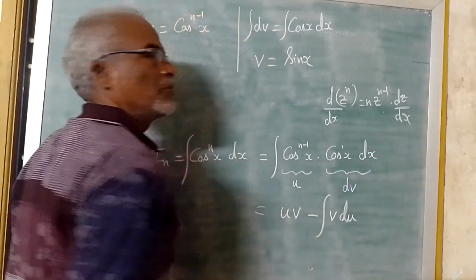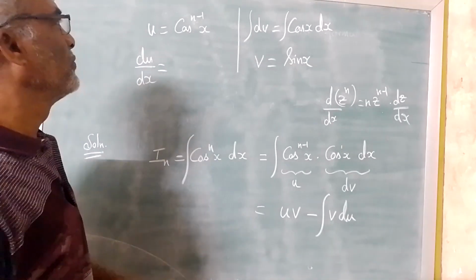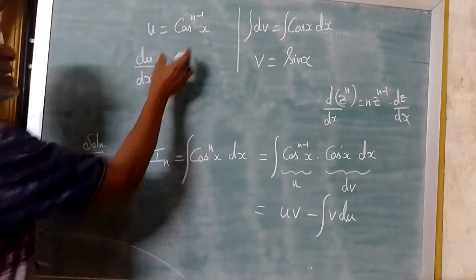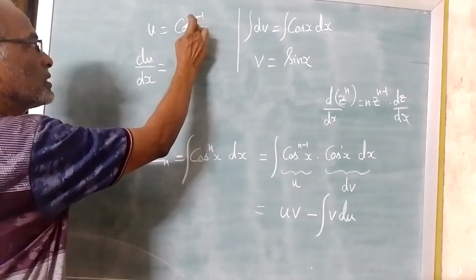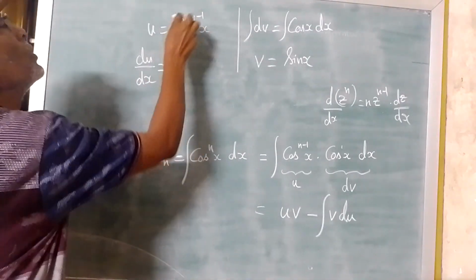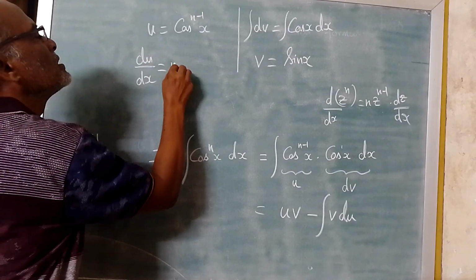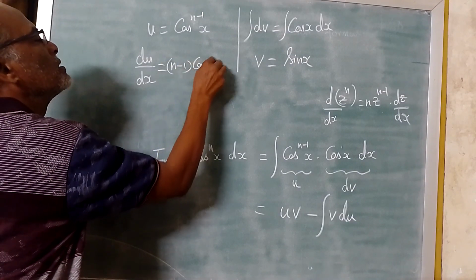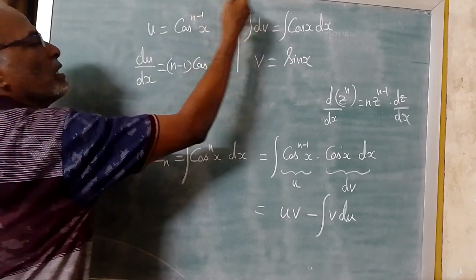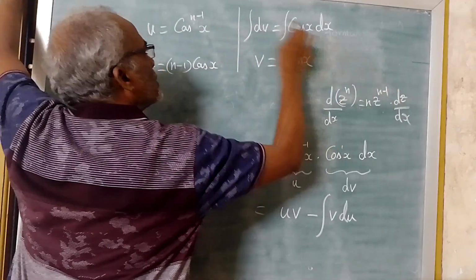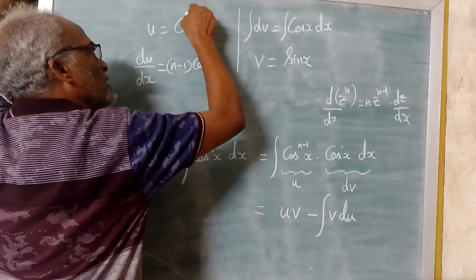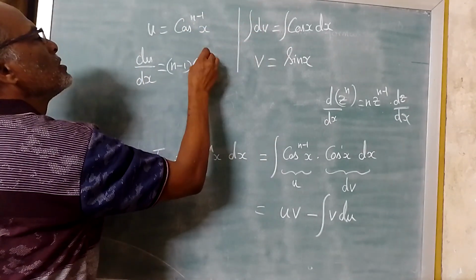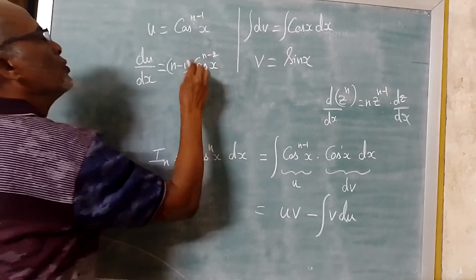So this is the formula we are going to make use of. Now what is z? z is nothing but cos x. The power is n minus 1. So the answer for this is (n minus 1) into cos^(n-1-1) x, so this will become n minus 2.